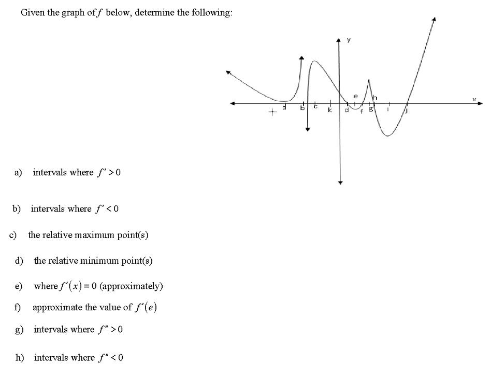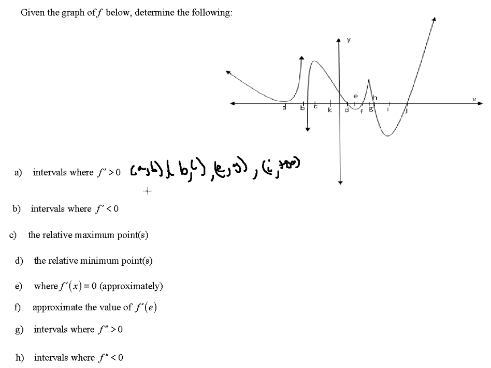It looks like f is increasing from A to B, from B to C, from E to G, and from I to infinity. So f prime greater than 0 means f is increasing. If this is the graph of f, then where it's increasing, f prime is greater than 0.